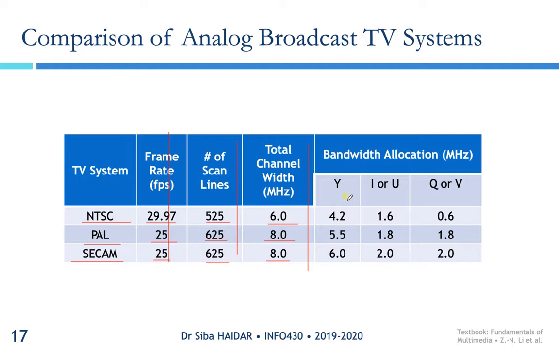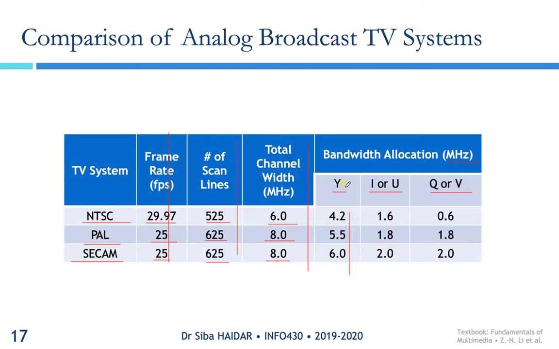As for the bandwidth allocation, the three standards allocate more megahertz for the luma channel, and we will explain why we do chroma subsampling, why we give the chroma less bandwidth.